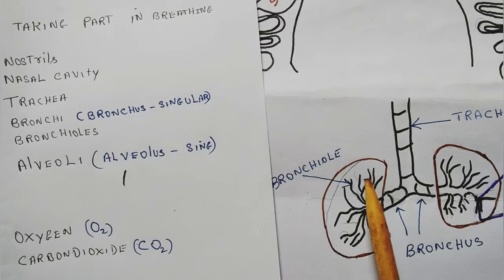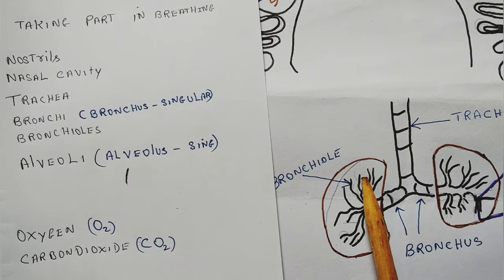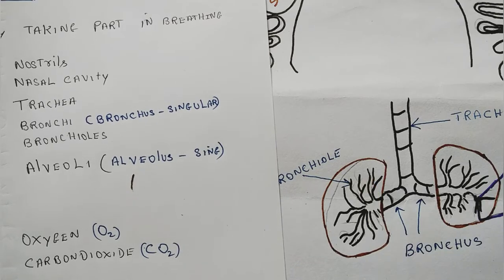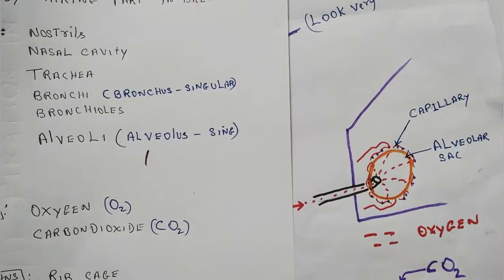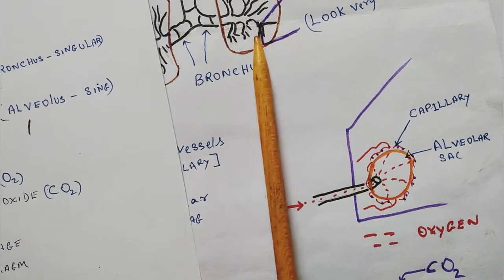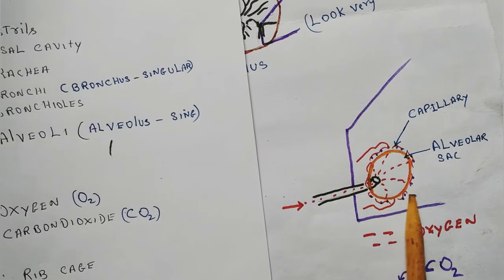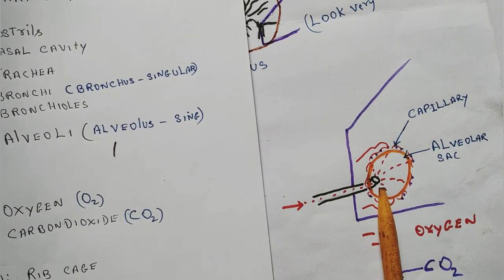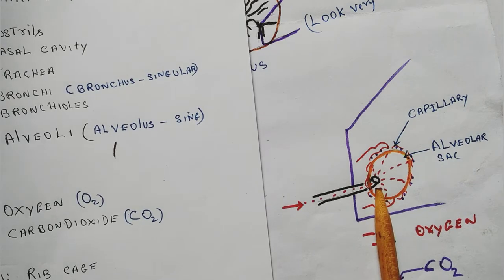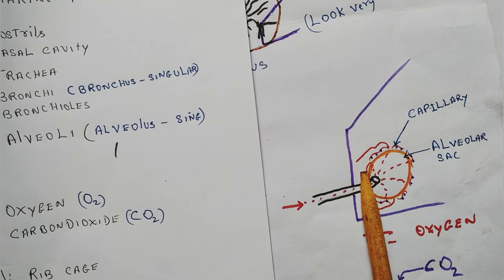At the end of these bronchioles, each of them will end into a bag which resembles a balloon, empty inside, and surrounding the balloon there are so many blood capillaries.